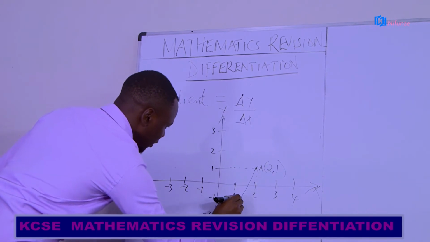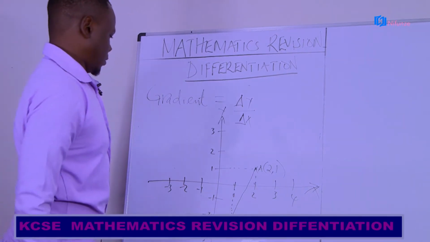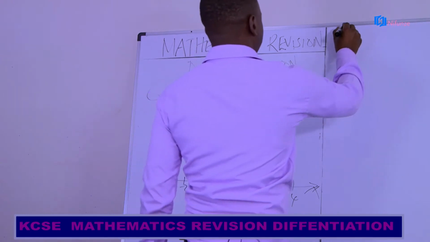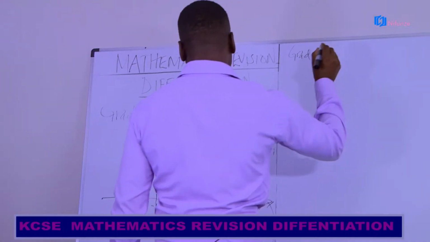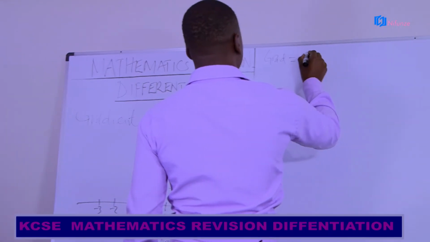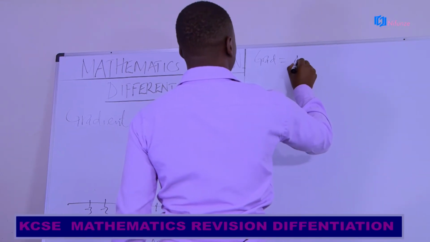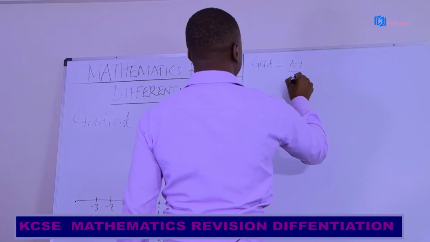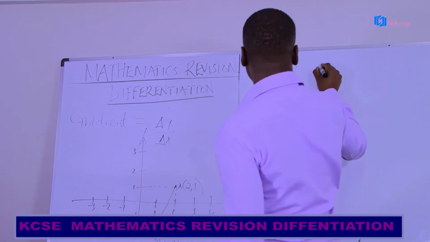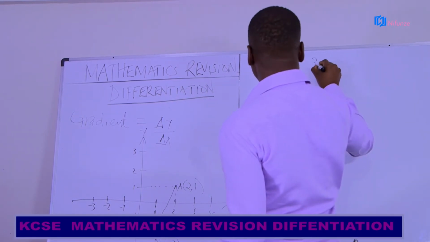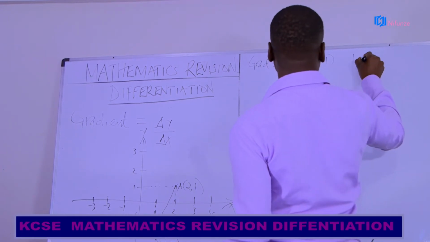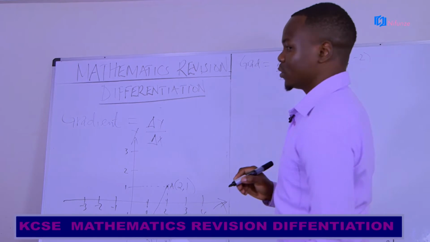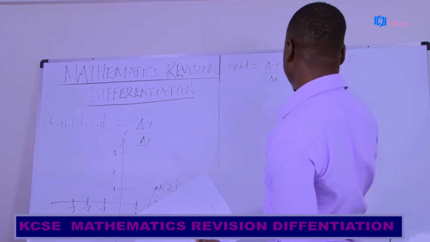How do we do it? So we say gradient is equal to change in y coordinates over change in x coordinates. So we have these points 2, 1, and then we have 1, -2. So let's calculate the change in y coordinate.